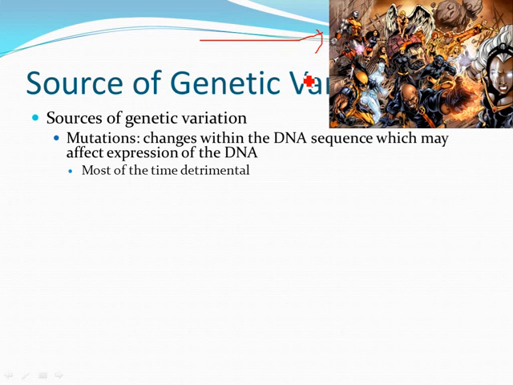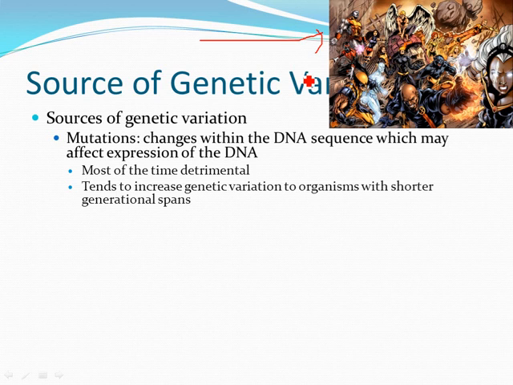And the thing about mutation, it increases the genetic variation. And remember, variation is always a good thing because in case of some kind of environmental change, that particular organism may be able to survive. So usually we end up increasing the amount of variation with organisms that have shorter life periods.